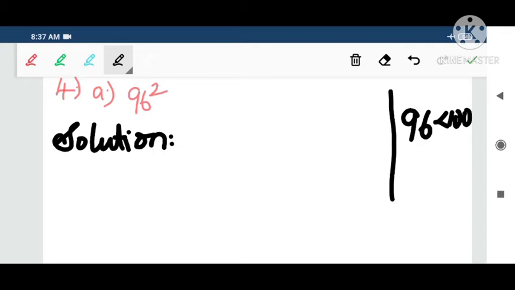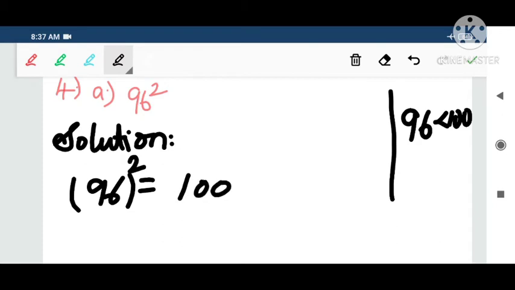So how can I modify this 96 whole square to use the identities? I write it like this. 100 is the round value and it is 4 less, so it is subtracted by 4. 100 minus 4 you get 96. So instead of 96, I take (100 minus 4) the whole square.